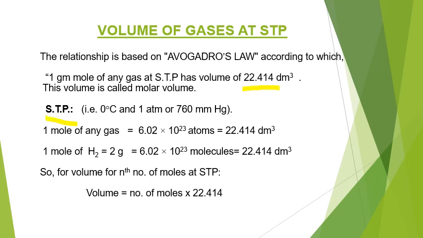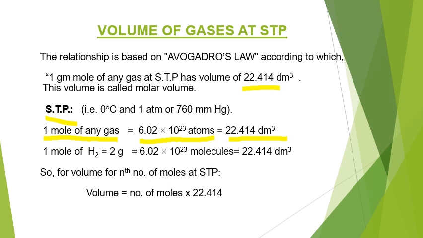So here we have 1 mole of any gas equal to 6.02 into 10 to the power 23 atoms or molecules, and it carries the volume 22.414 dm cube at standard temperature and pressure.